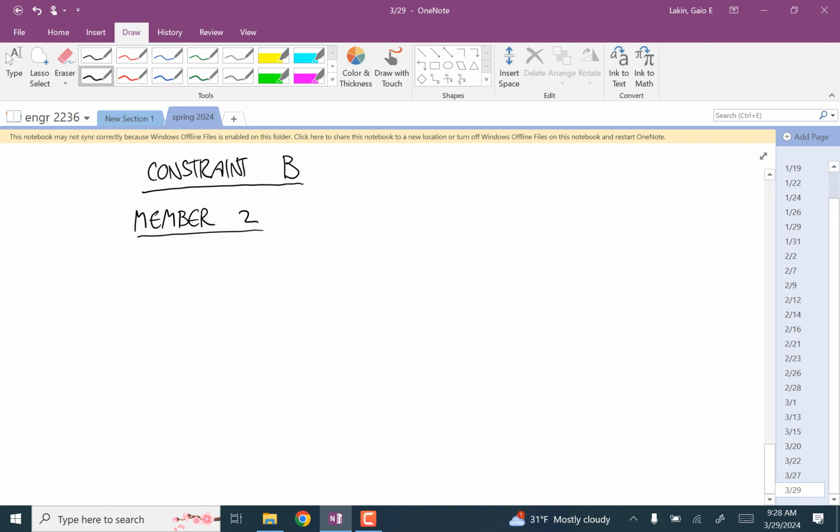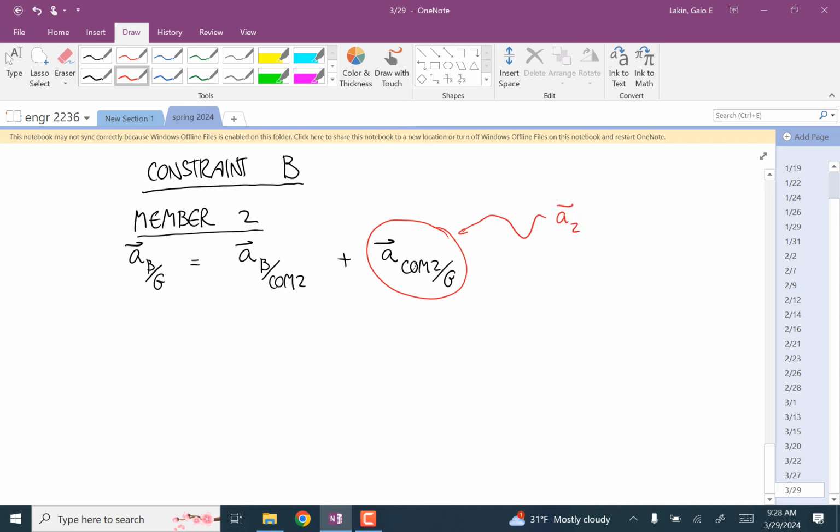Member 2 doesn't have a fixed point, so the acceleration of B relative to the ground is equal to the acceleration of B relative to the center of mass of 2 plus the acceleration of the center of mass of 2 relative to the ground. This is A2. And this is the watermelon equation.